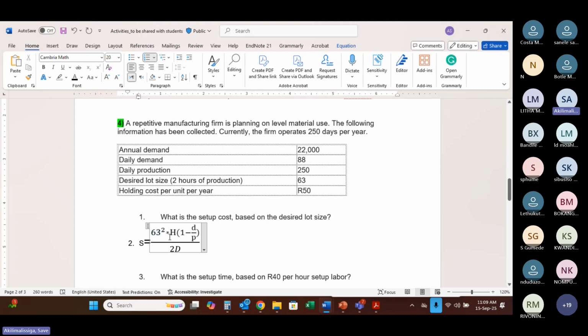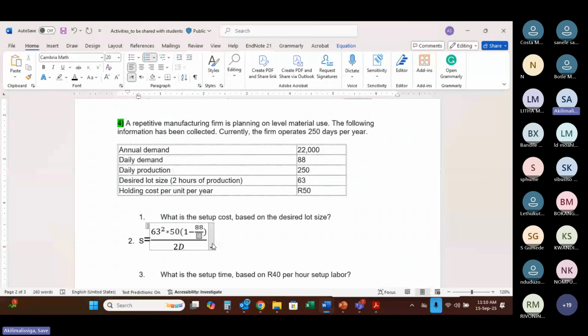Times H, the holding cost, here is 50. Between brackets, small d. Small d here is the daily demand, 88, and divide by P, the daily production.